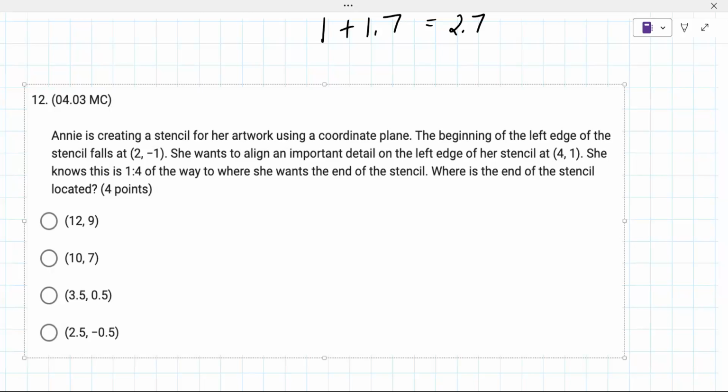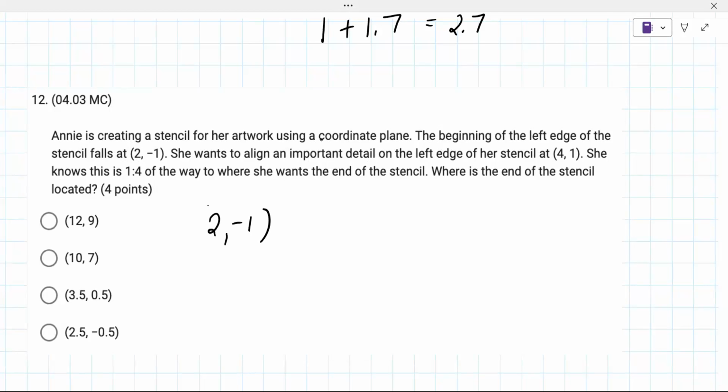All right. So the thing that this one reads awkwardly is which is the end, which is the start. Okay, so the beginning is 2, -1, and then 4, 1. So the X value here is 4 minus 2 is the distance, which is 2.